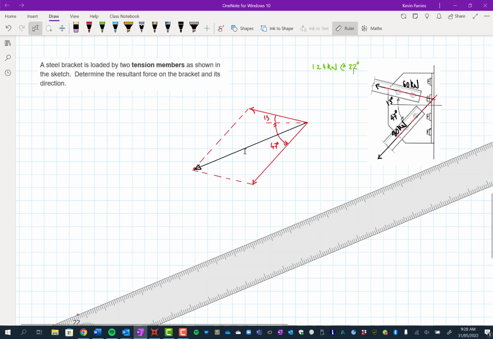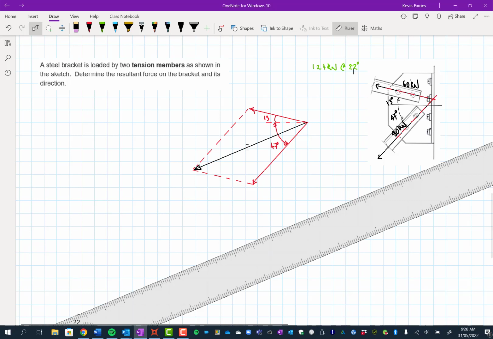So what you could do to solve this is use some other trig rules that I haven't presented to you. If you remember those from school, you can go ahead and use them. Sometimes they're quicker. But what always works is to break these down into their x and y components and then add those together, and then use those combined x and y to find out the resultant.